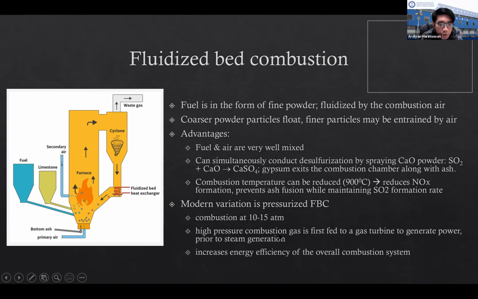And then the high pressure combustion gas is first fed to the gas turbine to generate power before being used for steam generation. So the gas can be used for two purposes, so it can increase the energy efficiency of the overall combustion system.